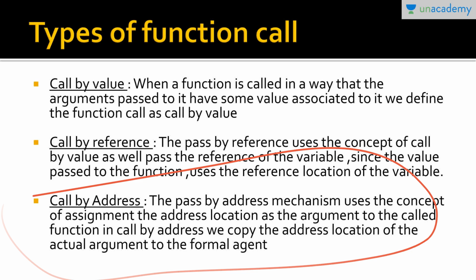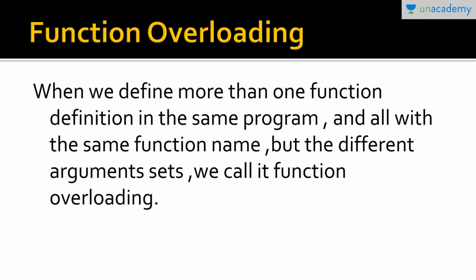So the value which is exactly between y and z is to be called, and that is calling by address, so that we can use that variable or value for the particular function in the program.